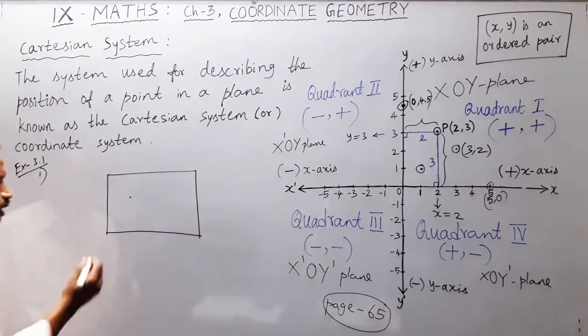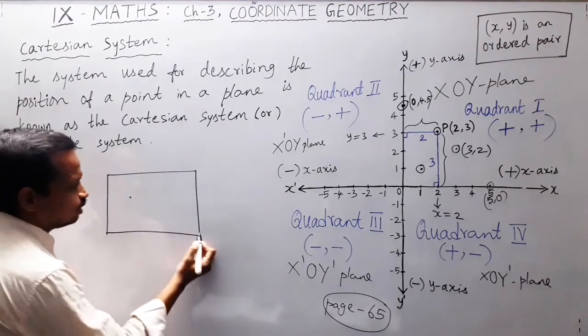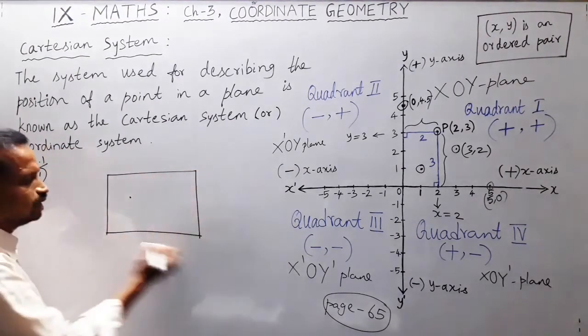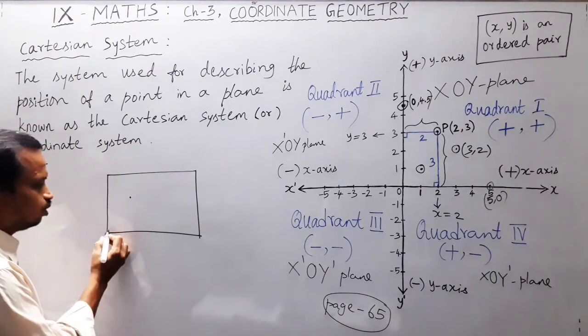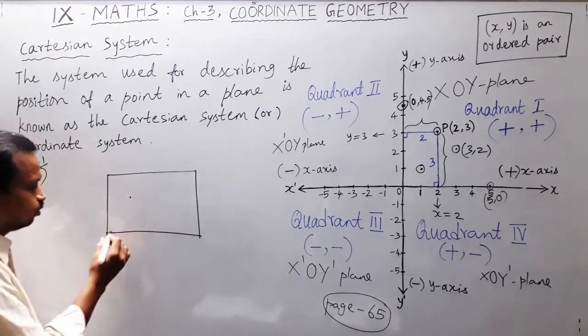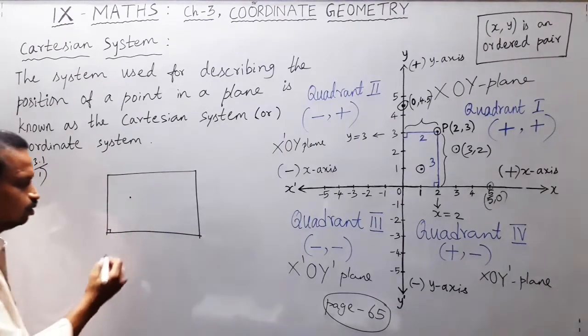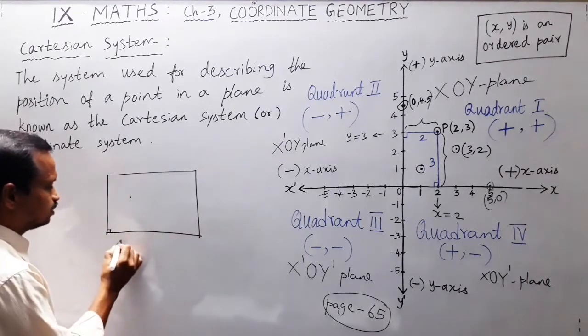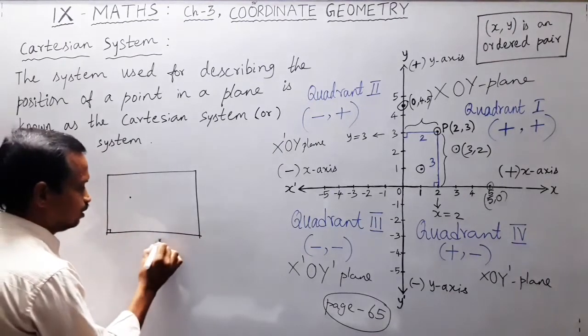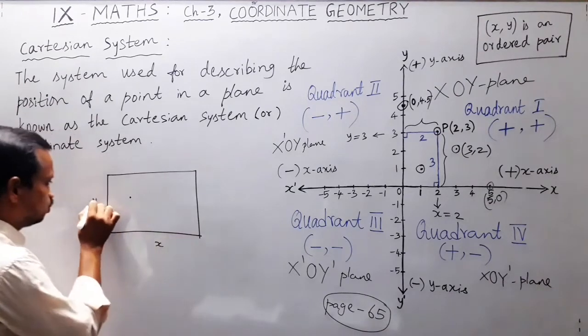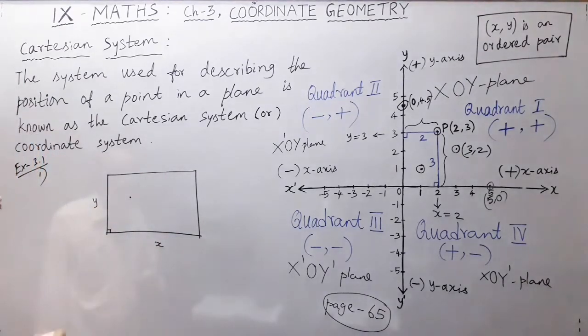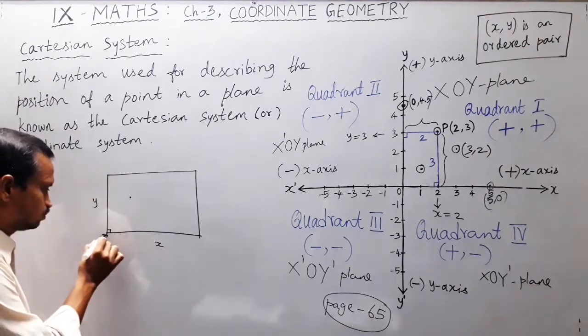So you can take one edge. 4 edges are there. You know everything is horizontal and vertical only. So this is the perpendicular. But you know always horizontal, vertical, perpendicular. So the long one you can take as x axis. This is x and this is y. Like that you can consider, and this is 0.